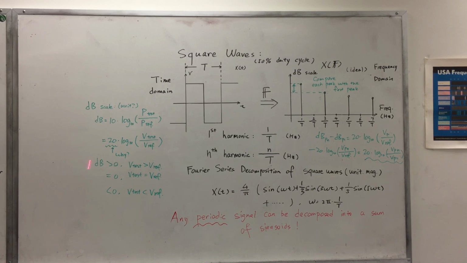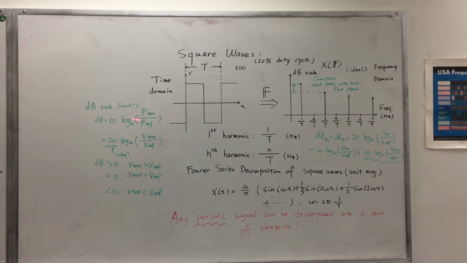So let's talk a little bit more about dB scale and what it means. The first thing when we're tackling an unknown concept is that we want to figure out its unit. So does dB scale have a unit? Actually, no. dB scale always refers to a comparison, a ratio of something to a reference.